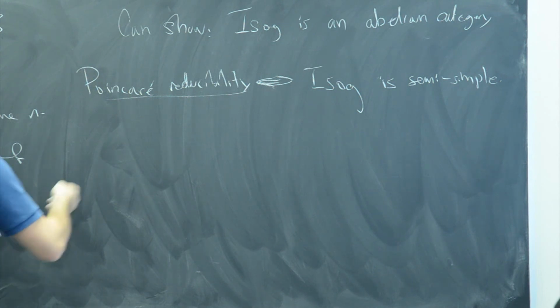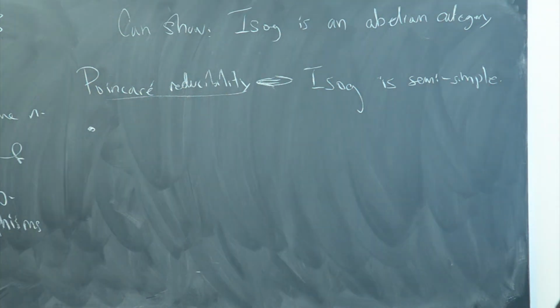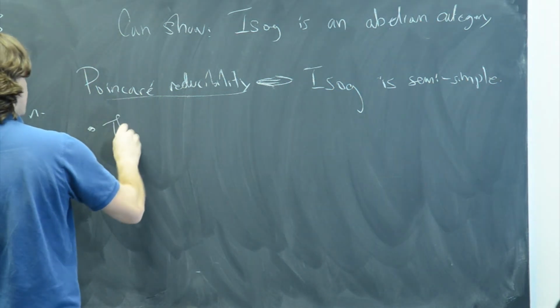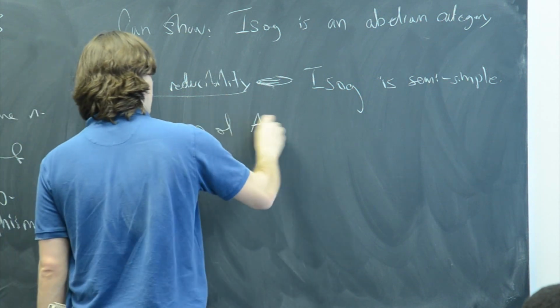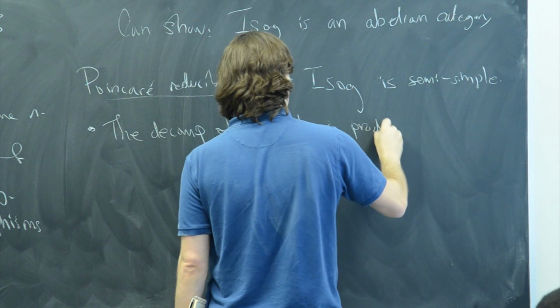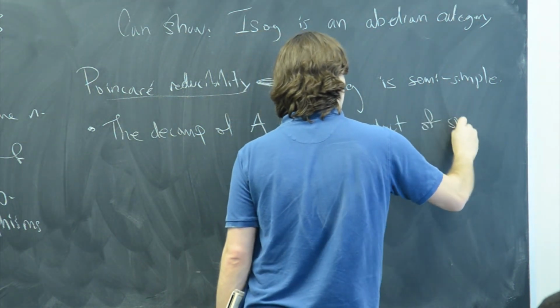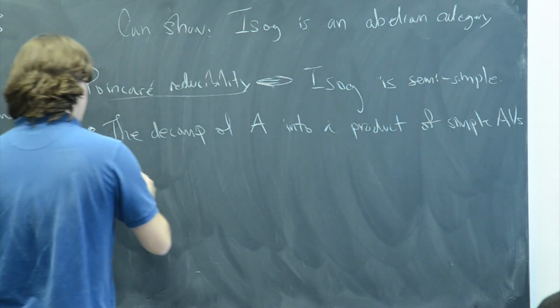And so two consequences of this point of view, which you could probably prove directly very easily, but this makes it very clear, is that, first of all, the decomposition of A into a product of simple abelian varieties is unique up to isogeny.